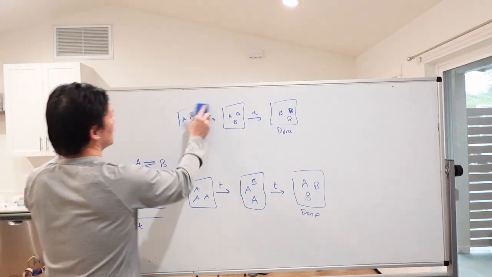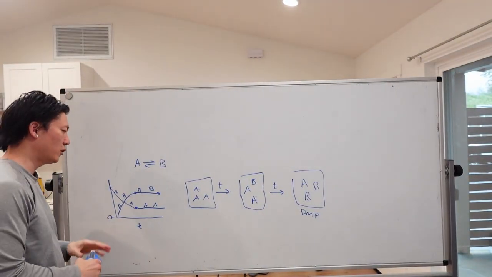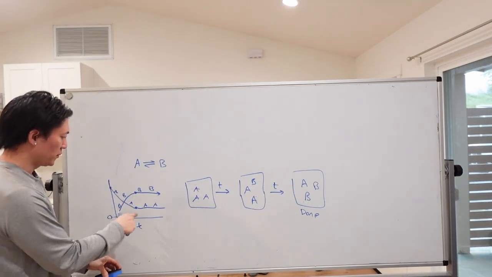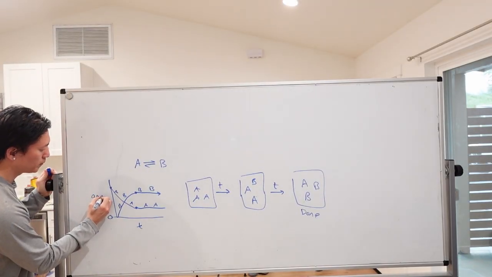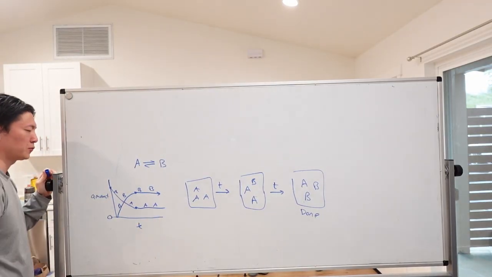So I'm going to erase this top one. In this case down here, notice that there are more B's than A's. This is the amount on the vertical, the amount of B being produced, and the amount of A disappearing over time.